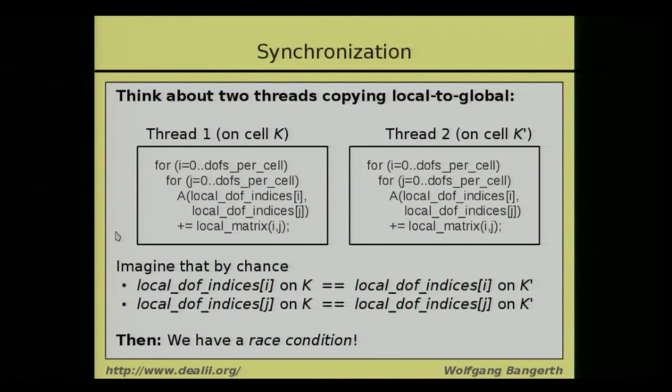And now imagine that by chance, at a particular time when we just execute these assemblies on cells K and K prime, for whatever reason local DOF indices i on this cell K happens to be equal to local DOF indices i on the cell K prime as well. So let's say, for example, that these two cells that we're just assembling on are neighbors. Then I'm assembling on thread 1 here and on thread 2 over here. There are going to be two vertices that these two cells share on the interface.